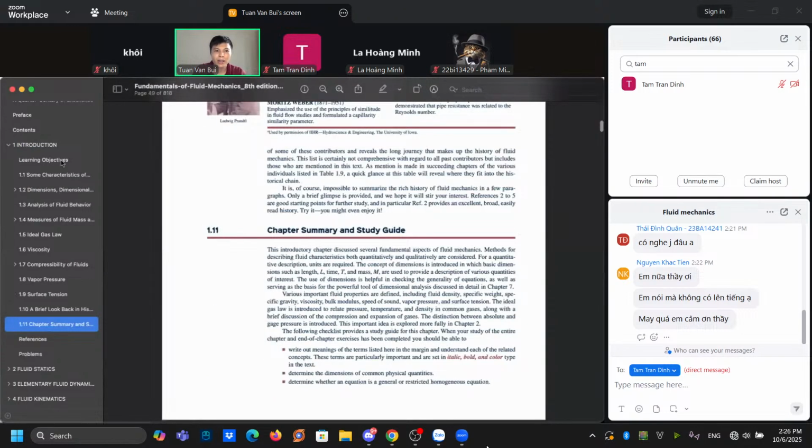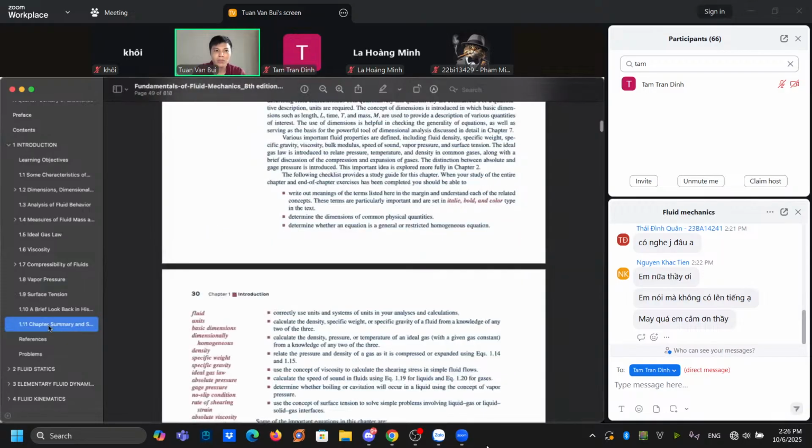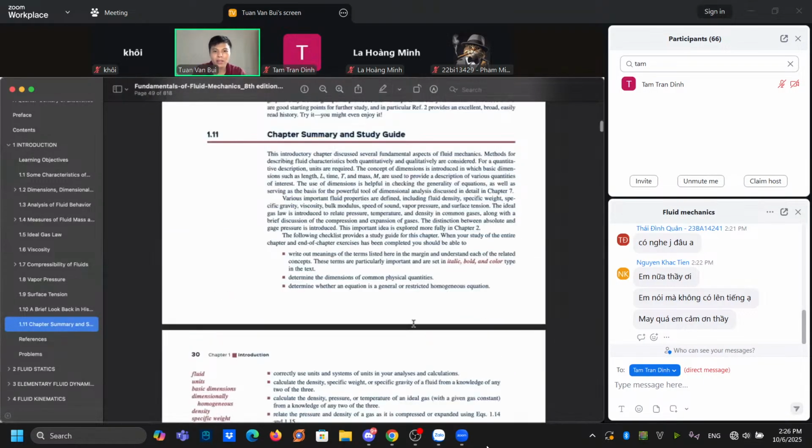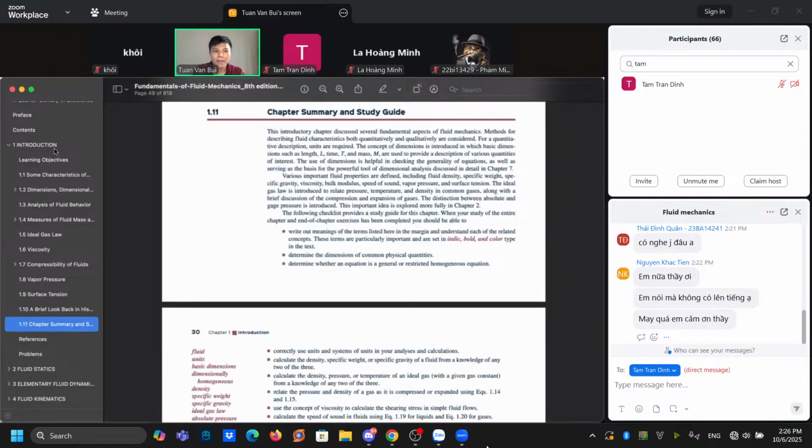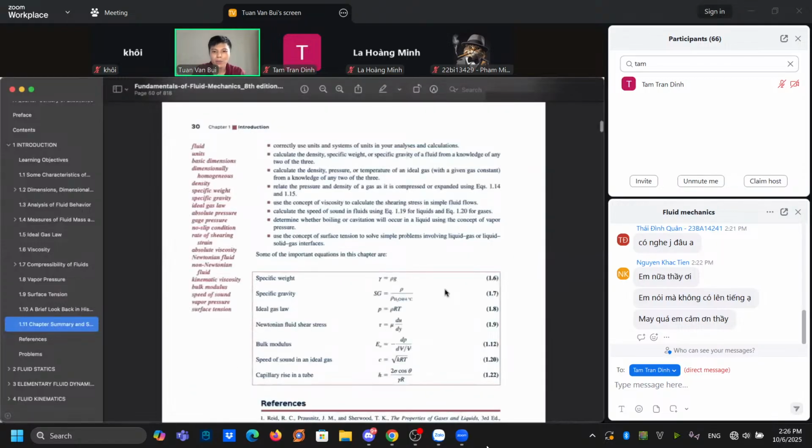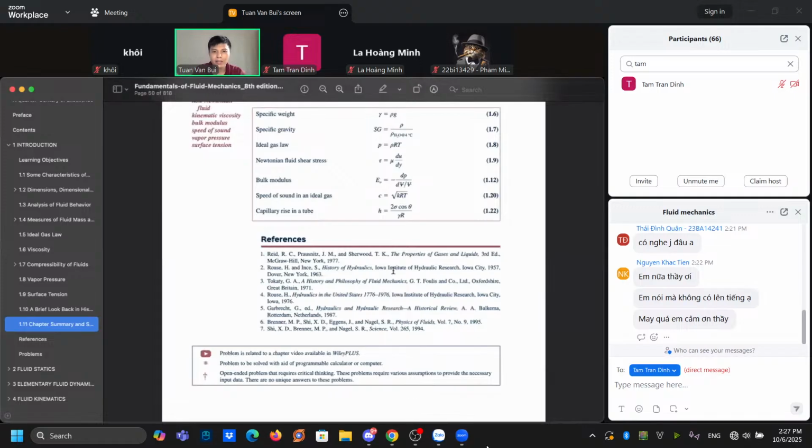Normally you can first read the learning objectives and the chapter summary and study guide before you dive into the details. You also have some important equations summarized here, and then some references. If you want to go deeper, you can read the references here.